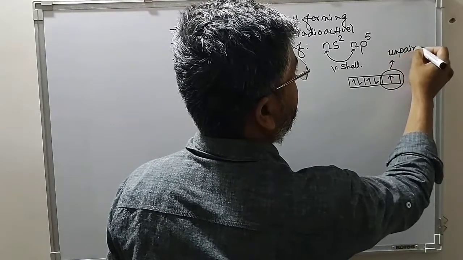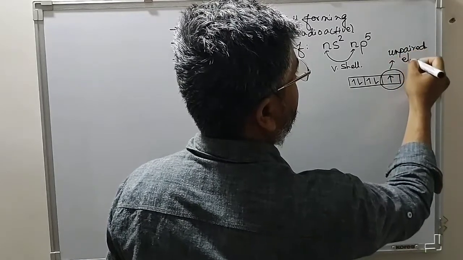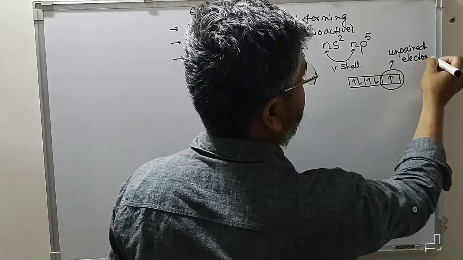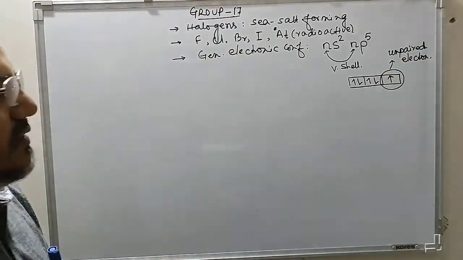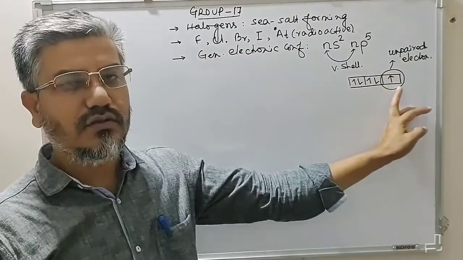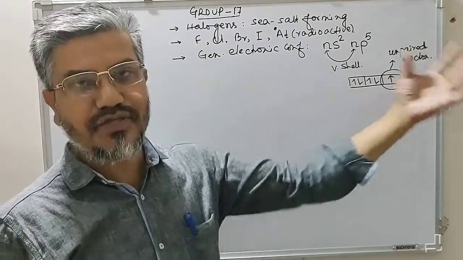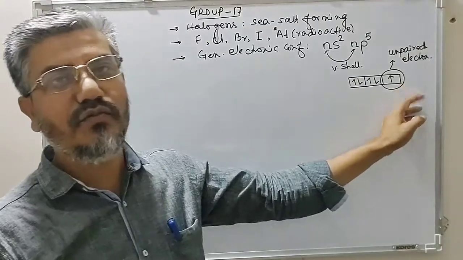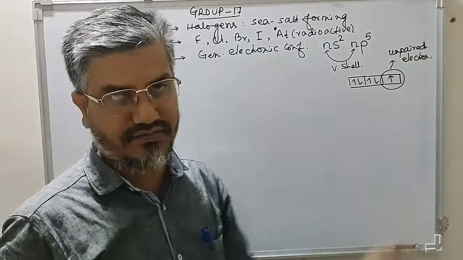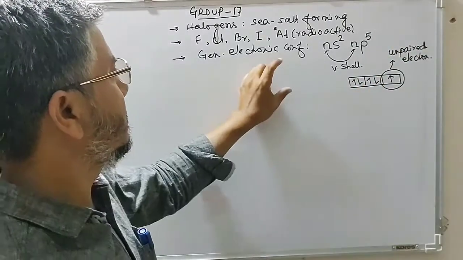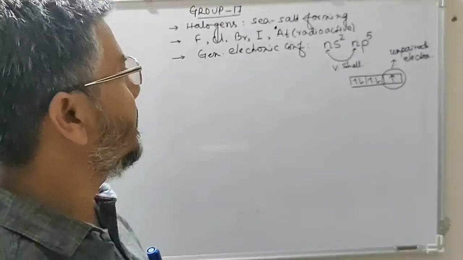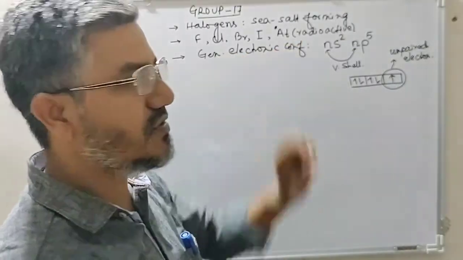This unpaired electron may be in px, py, or pz, and the spin quantum number may be plus half or minus half. So this is the general electronic configuration of group 17.